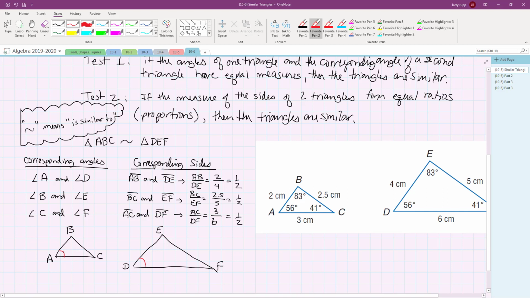That's indicated by these red marks here. Angle B and angle E are corresponding, so we mark that with 2 lines, 2 arcs. And then angle C and angle F are also, and we mark those with 3. So those are visual indicators of which angles are corresponding angles in each triangle.